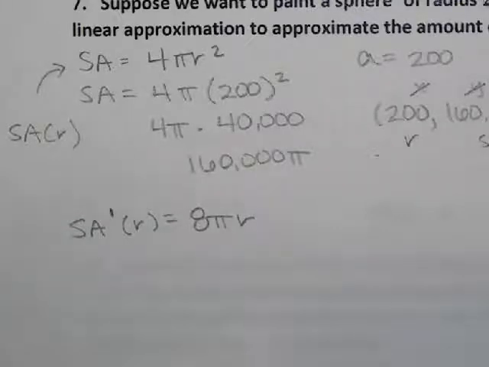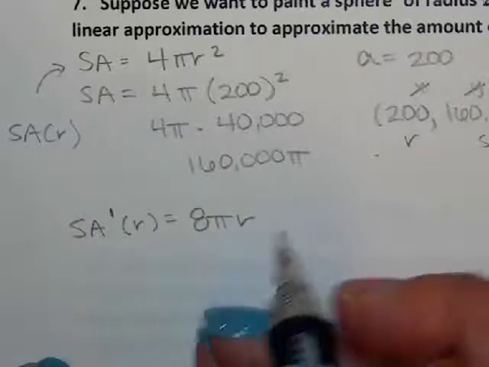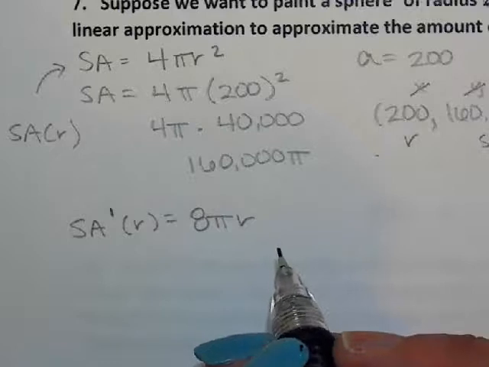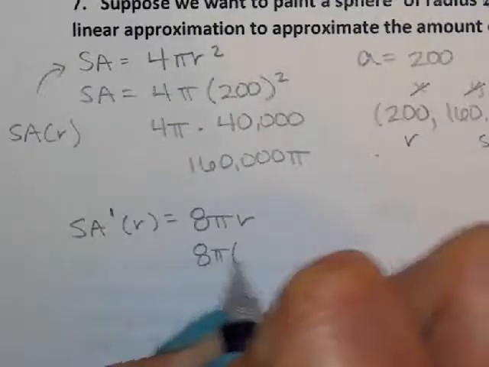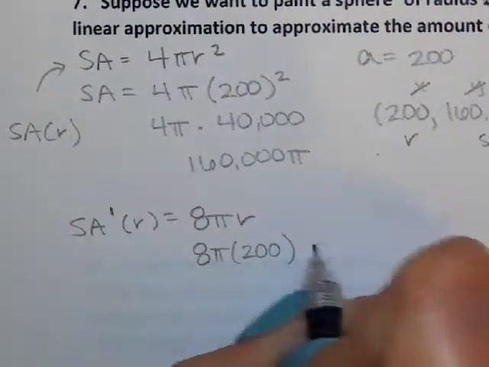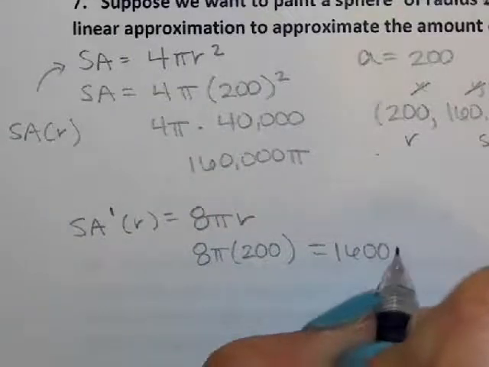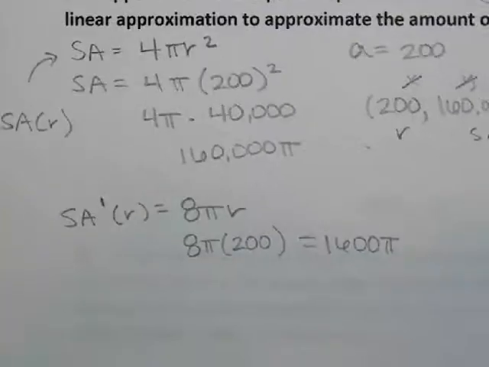And then I need this at the same x value, so plug in the 200. So there's my slope.